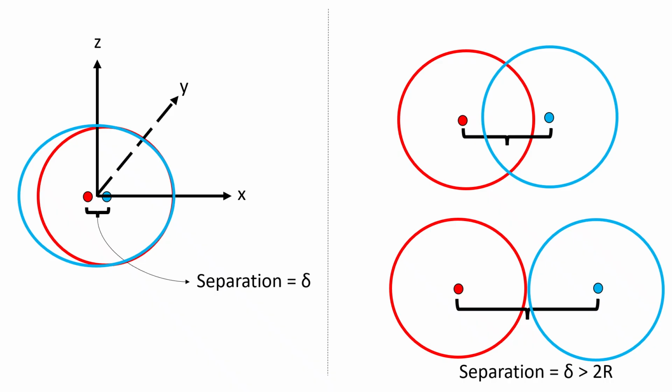Moreover, if we accept the central tenet of relativity, namely that the speed of light is finite, then the observer along the x-axis is forbidden from being able to see that the two objects have separated until the separation has grown to at least twice the radius. To put this another way, imagine the two circles have separated by a distance delta, which is less than or equal to the diameter of one of the original circles.